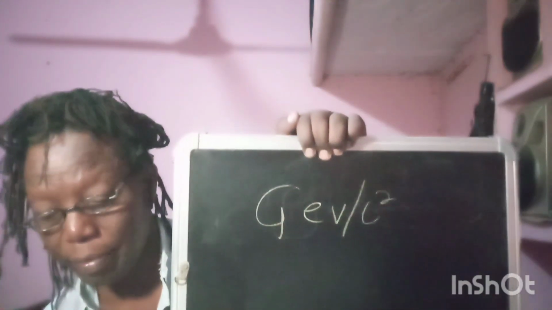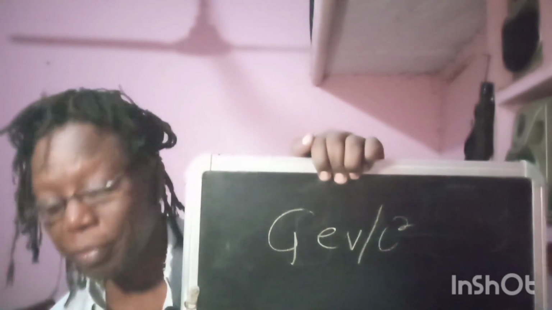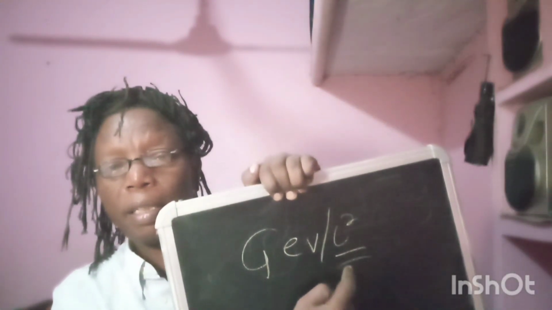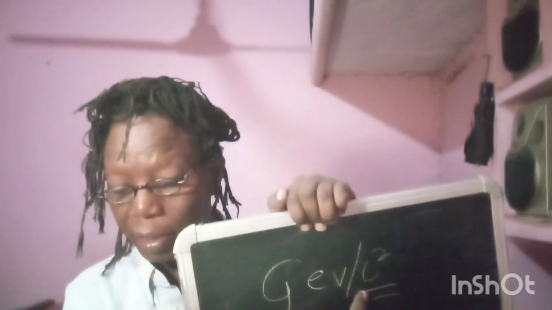This means giga electron volts divided by the speed of light squared.